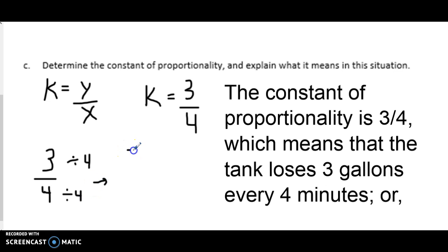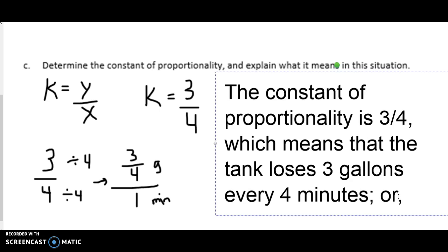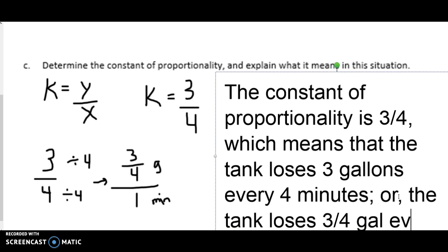And what that's going to give me is 3/4 over 1. So basically this means that it's going to lose 3/4 of a gallon every minute. So that's another way of saying my same constant of proportionality. So in my sentence, I can say, or the tank loses 3/4 of a gallon every minute.